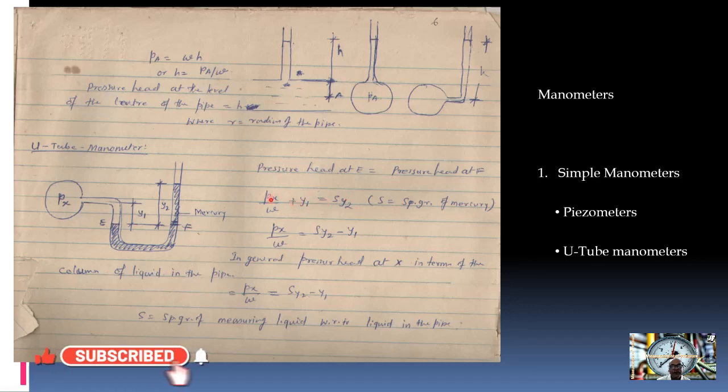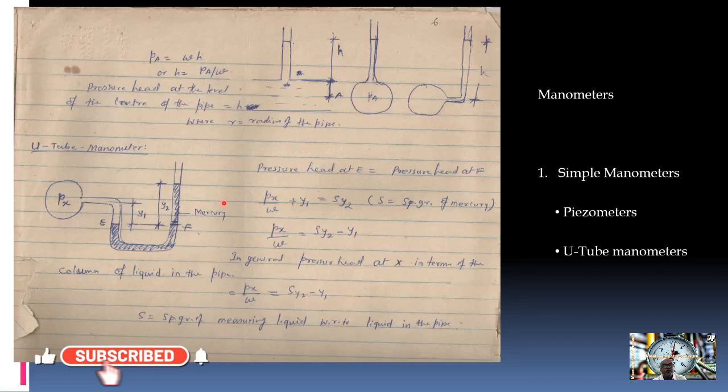If this is water here, we took 1, but if it is oil, then Y1 has to be multiplied by the specific gravity of oil. So Px by W plus Y1 is equal to S Y2. So Px by W is equal to S Y2 minus Y1.